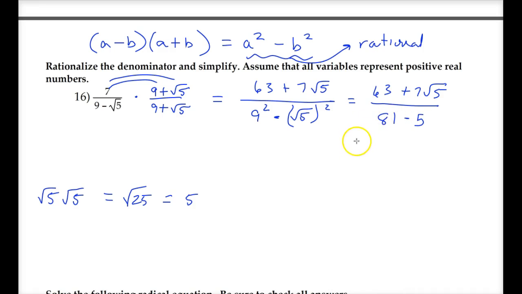And of course, to finish this up, we know that 81 minus 5 is just 76. We just do 63 plus 7 times square root of 5. So 63 plus 7 times square root of 5 all over 76 is how we would leave this answer here. So let's move on to number 17.